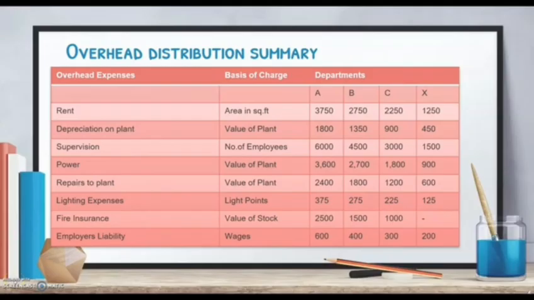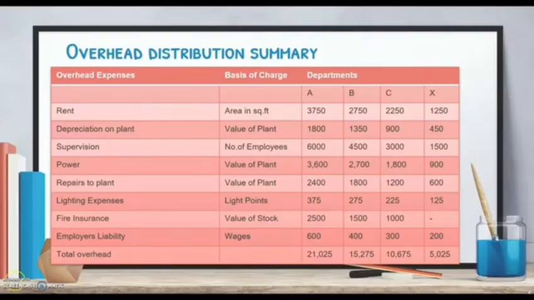In the same way, we are going to allocate the charges for all the overhead expenses: supervision, power, repairs to plant, and lighting expenses on the basis of light points, fire insurance on the basis of value of stock, and employer's liability on the basis of wages. After that, finally we total all the overheads: the overhead expenses of department A separately, department B separately, department C separately, and department X separately.